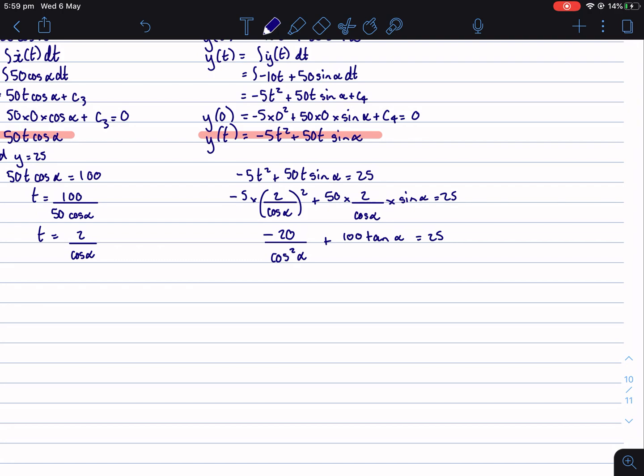Damn. So that's minus 20 sec squared alpha plus 100 tan alpha equals 25. Divide everything by negative 5. 4 sec squared alpha, take 20 tan alpha equals negative 5, so plus 5 equals 0.